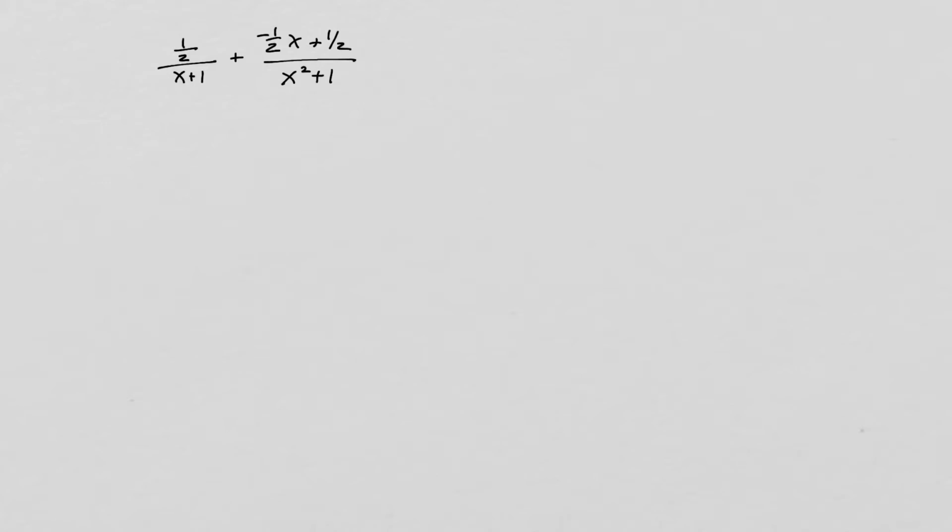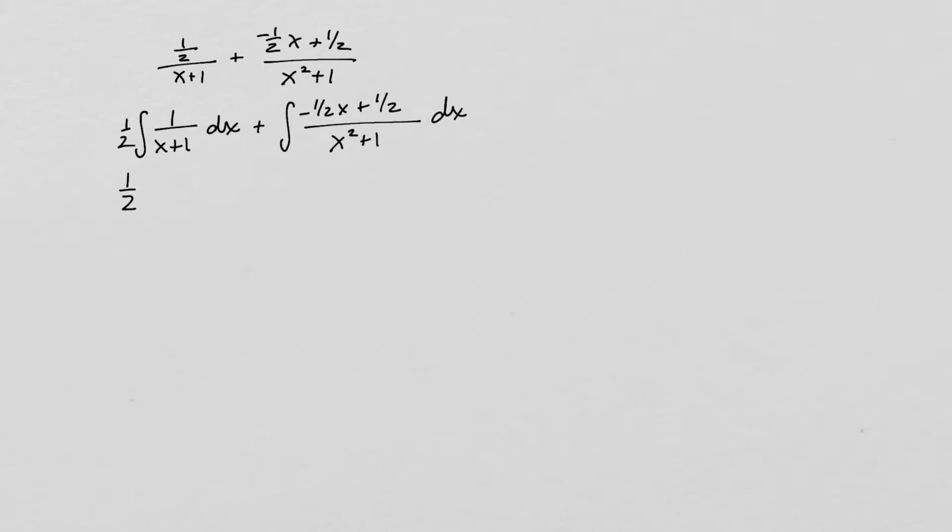So now we have ended up with the integral of this first part, right? So I could really write this as 1/2 times the integral of 1 over x plus 1 dx, plus the integral of (minus 1/2 x plus 1/2) all over x squared plus 1 dx. And I could split up that second integral.